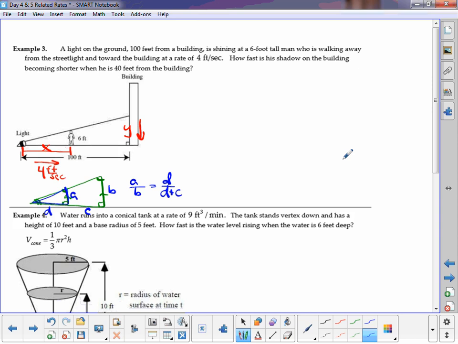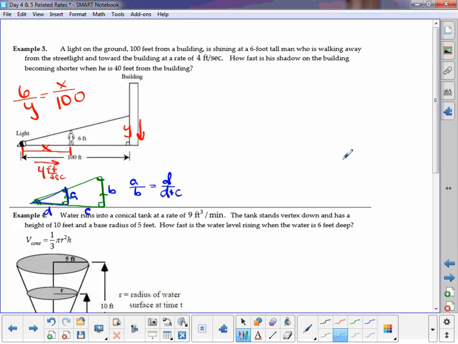So for our picture here, we could set up the ratio 6 to y equals x to 100. You see it there? So again, that height of the man is not changing, so that's why I can go and fill in that fixed value. The distance of the building and the light is not changing, so that's why I can fill in that fixed value.